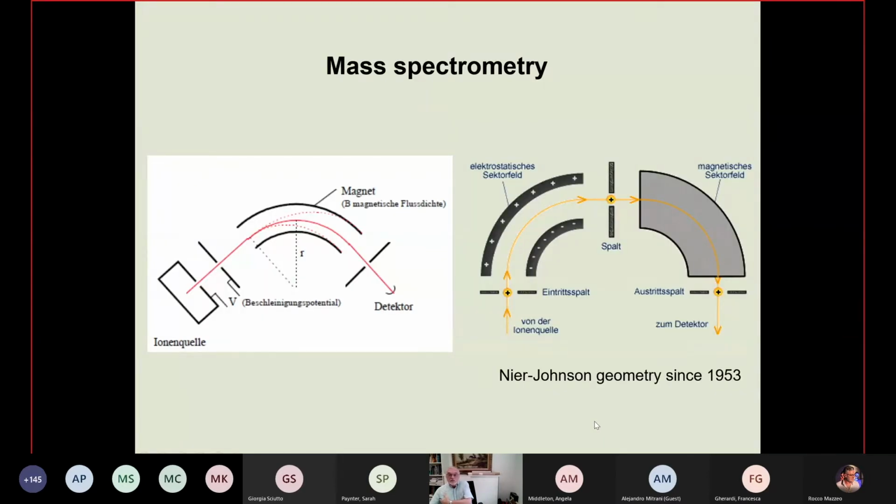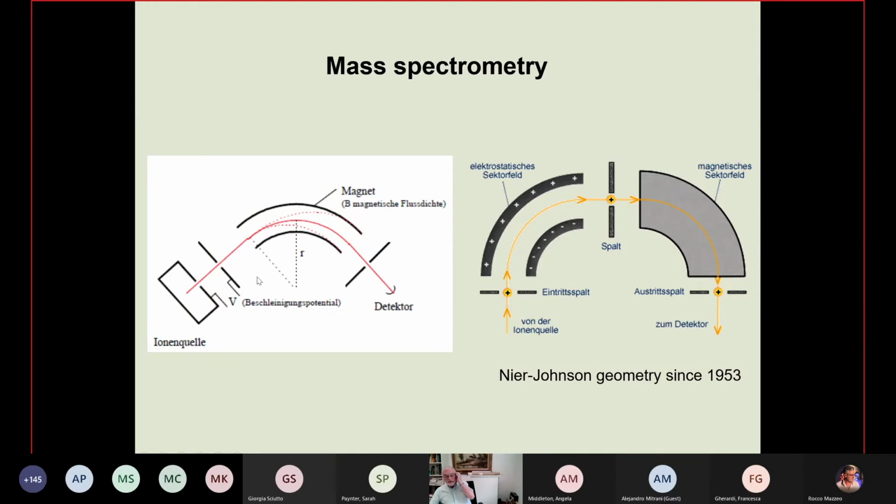So how do we measure this? This is by mass spectrometry, very simple in principle, but very expensive in reality and tedious. You transform your element that you want to determine into ions, and the ions are accelerated and sent through a magnet.